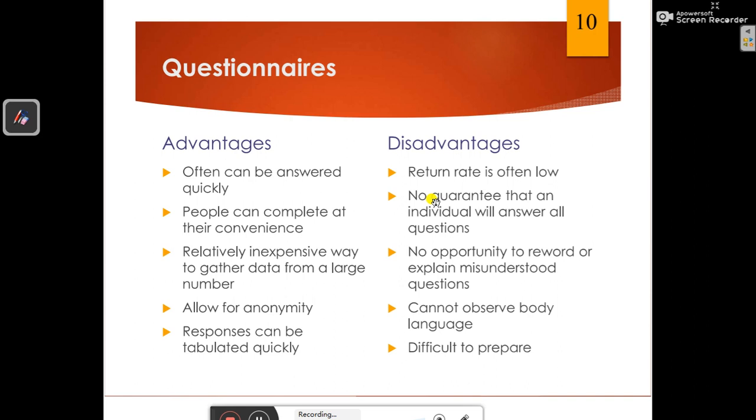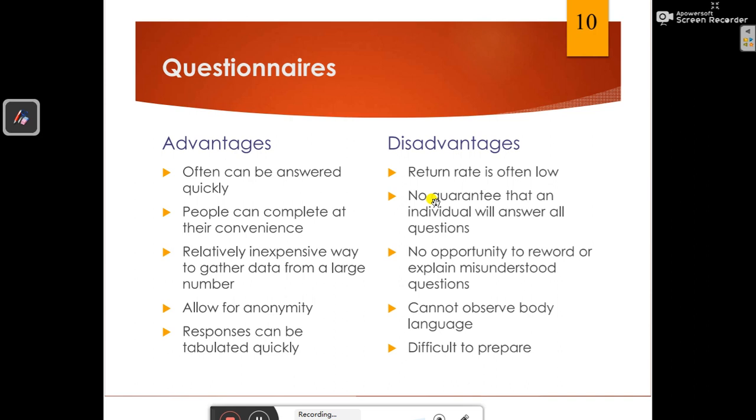Responses can be tabulated quickly, because you have formatted the questionnaire, and in that way you can quickly tabulate the responses.